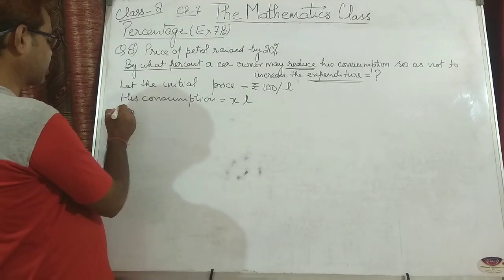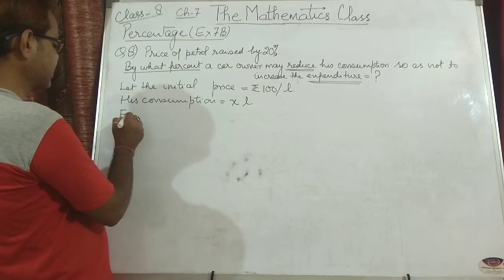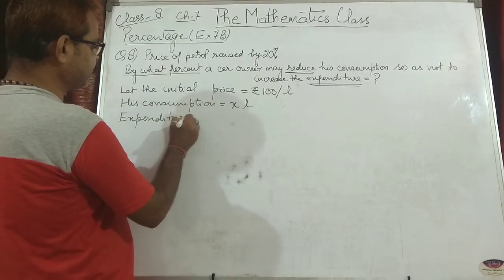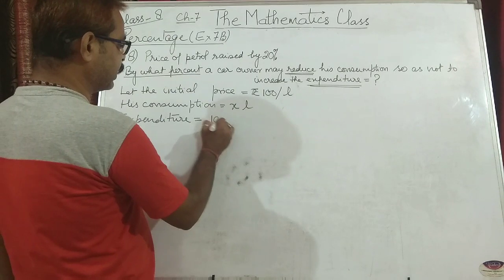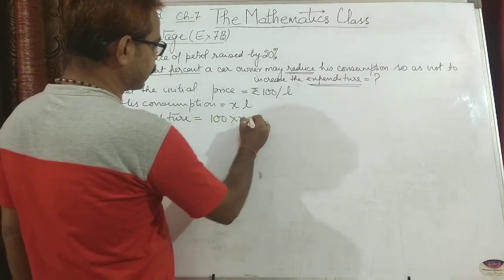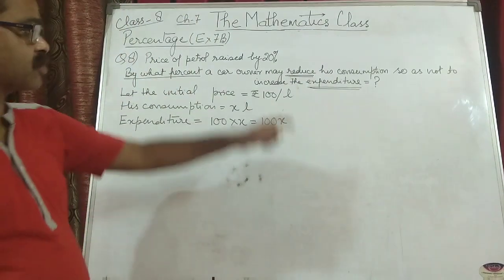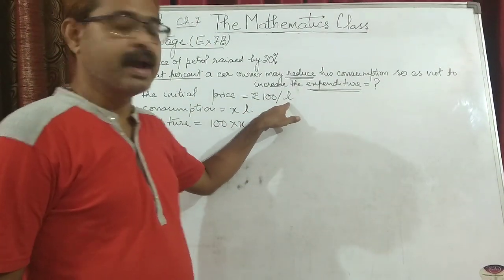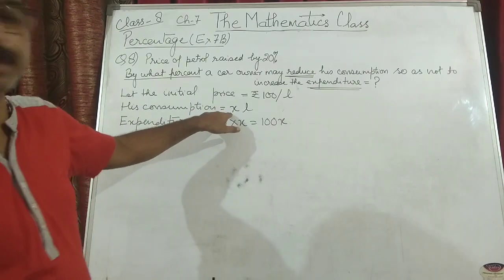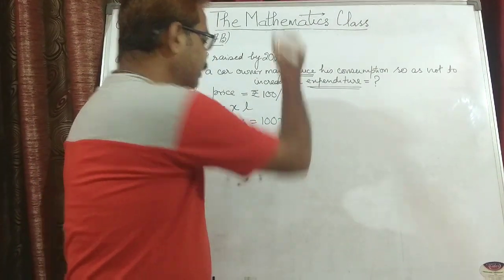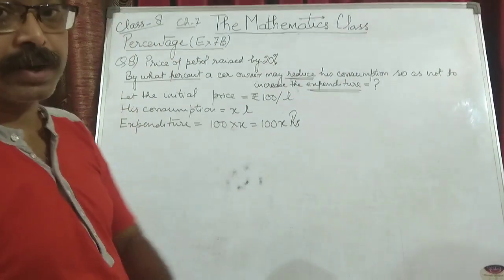So his total expenditure will be 100 into X, that is 100x rupees. If the cost of petrol is 100 rupees per liter and I am using X liters, my expenditure is 100x rupees. This is the expenditure initially.